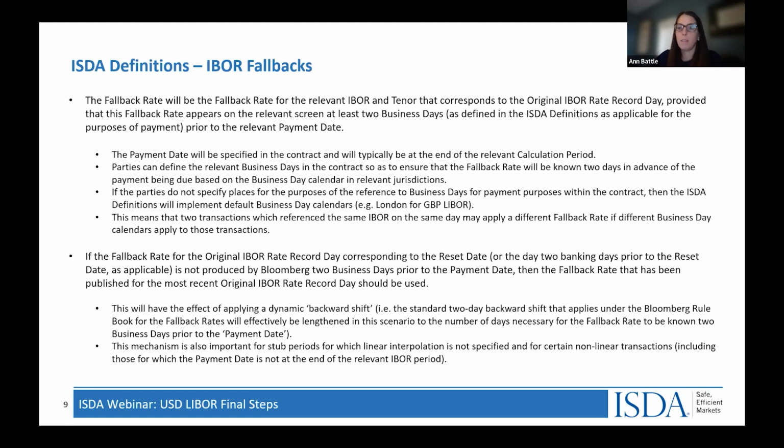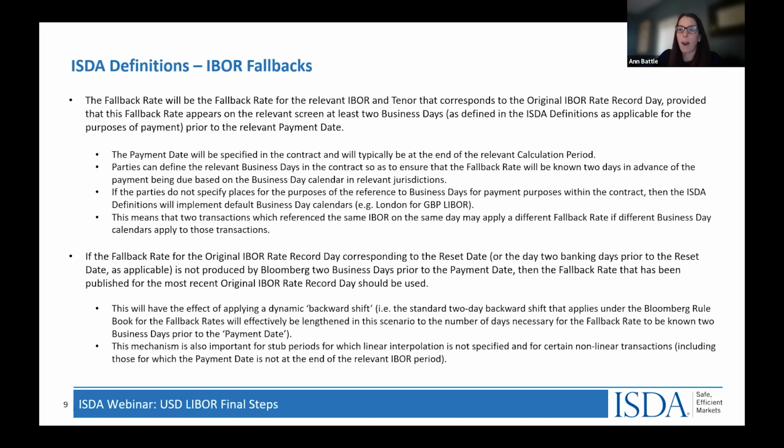For purposes of looking at your contractual language, an important term is original IBOR rate record day. That is the day that you would have observed US dollar LIBOR. So under the standard definitions, that is 2 days for a vanilla interest rate swap. That is 2 days prior to your reset date.